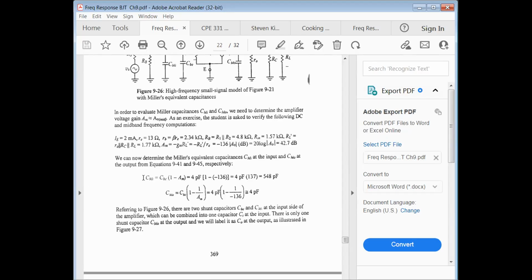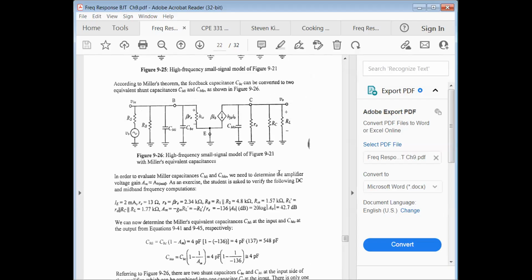To calculate C Miller in, it's C sub BC times 1 minus the mid-band gain, A sub M. We get C sub BC from the data sheet for your transistor, it's 4 picofarads, times 1 minus the gain. Well, the gain is actually negative here, and so it becomes 1 plus the gain. So C Miller in becomes 4 picofarads times 137, or 548 picofarads.